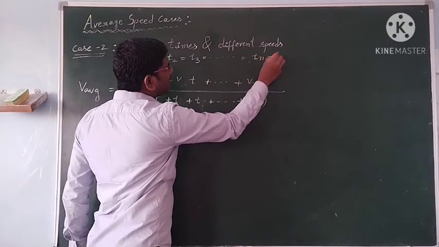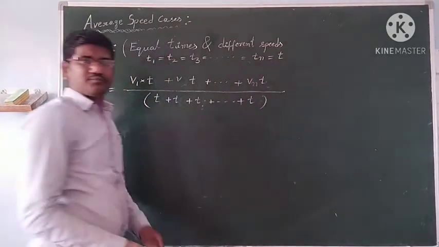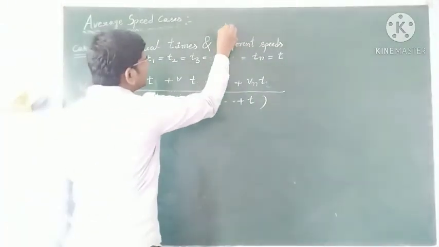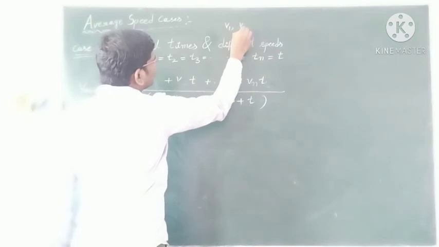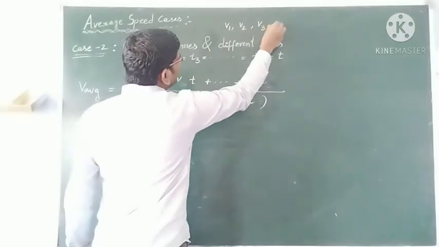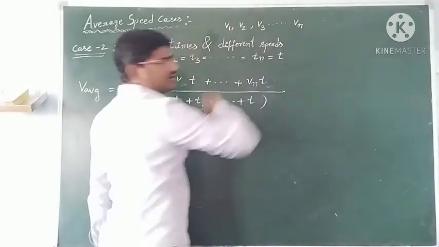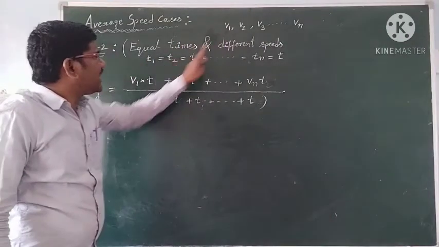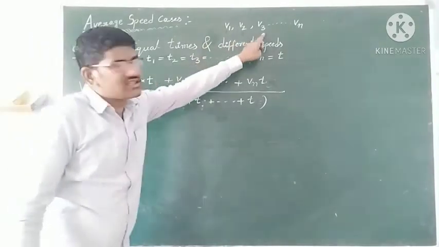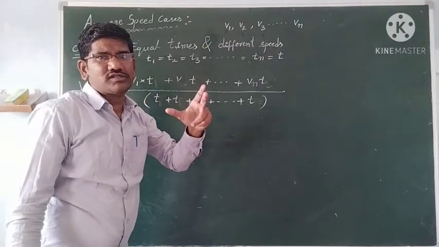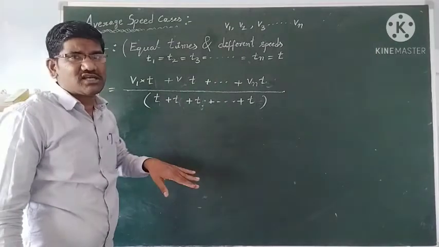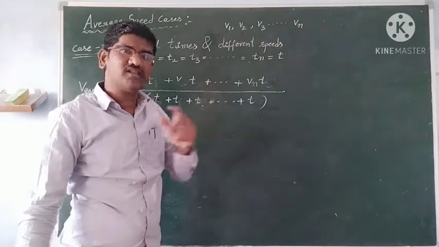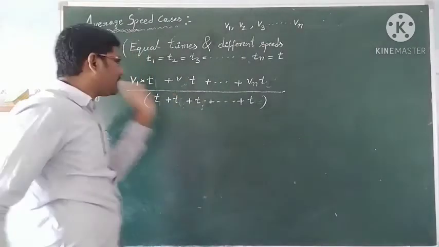All time intervals are same. So equal times, different speeds. What are the speeds? V1, V2, V3, so on Vn. So first T1 time V1 speed, T2 time V2 speed, T3 time V3 speed. But what is given students, times are equal, all time intervals are same. V1 speed, V2 speed, V3 speed, all speeds are maintained in the same time interval only.